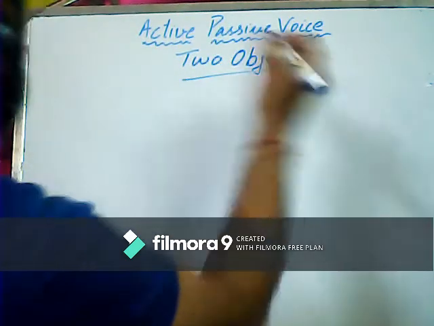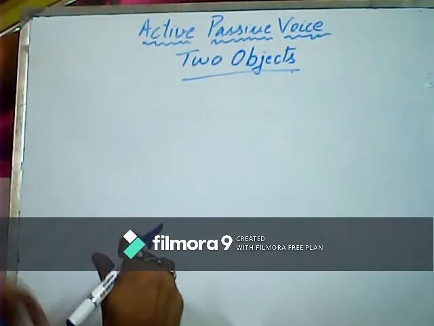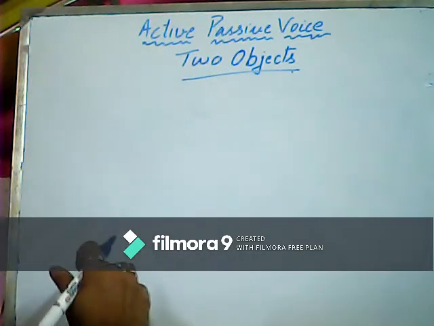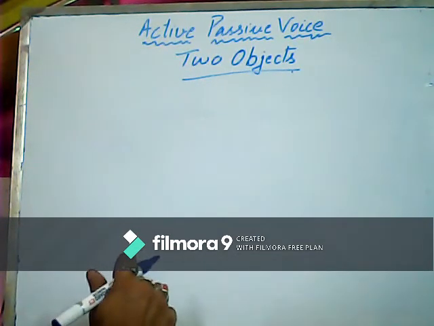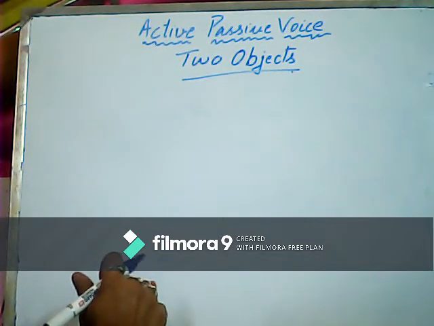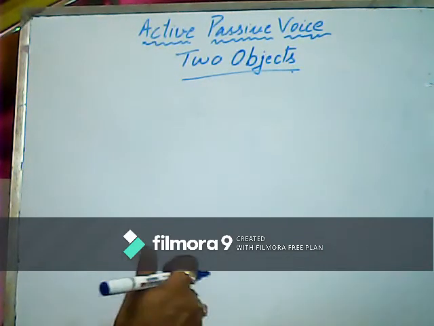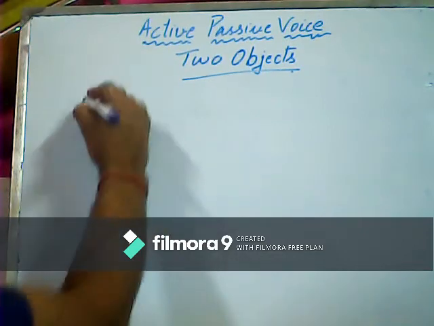Generally the students get confused if we have two objects, so what to do? In this case, let me tell you a few examples of how they will change.